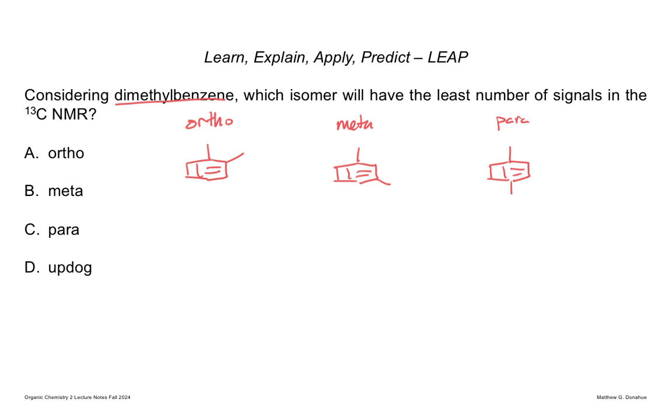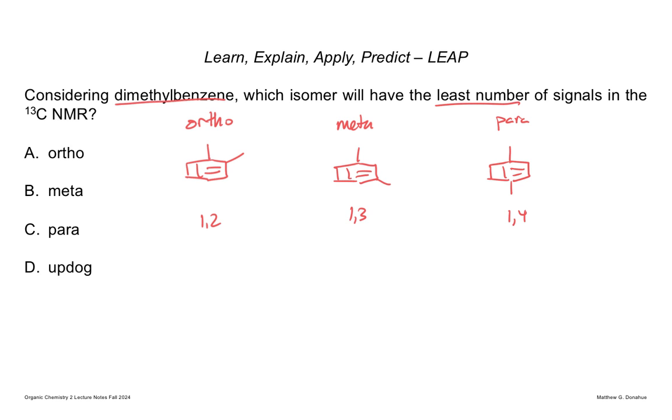Otherwise, we could say it's a 1-2 relationship, a 1-3, or a 1-4. And the question is specifically asking you which one has the least number of signals in the carbon NMR. And really what we're looking for here is symmetry.